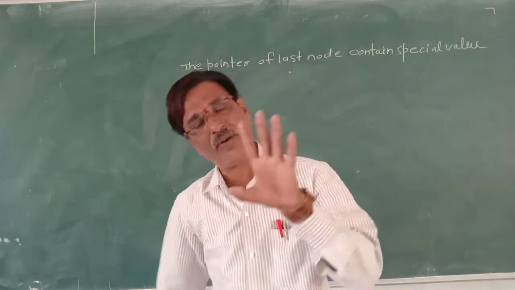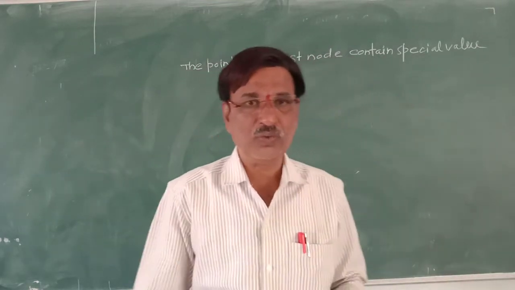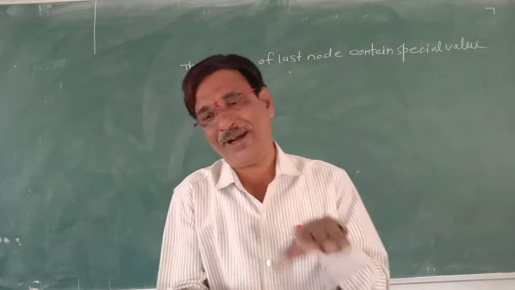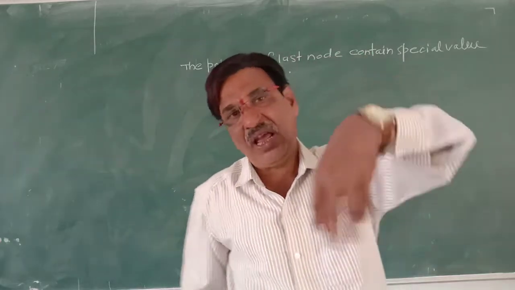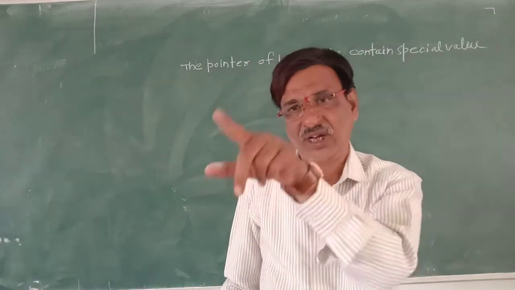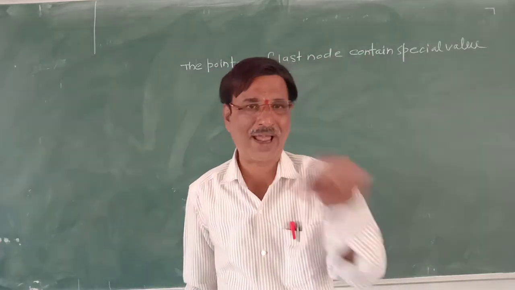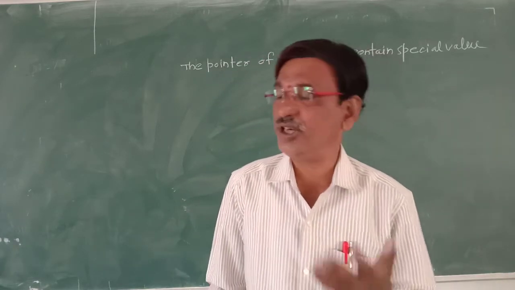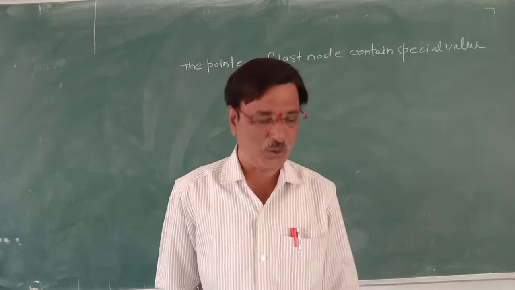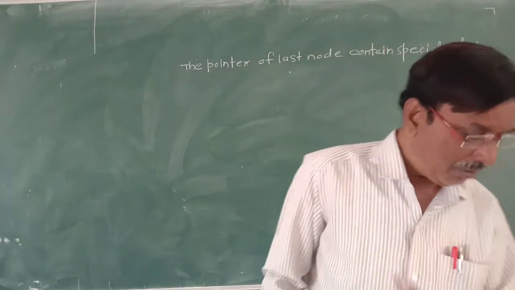As we have seen, there were 5 elements, 1, 2, 3, 4. Start was 4, then every node was giving the address of the next node. The last element contained the address given by null. So any negative value can be given, because a negative value will not be the address of any memory location. It is called a null pointer.